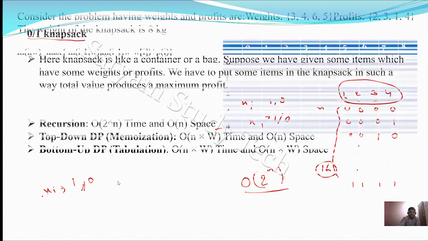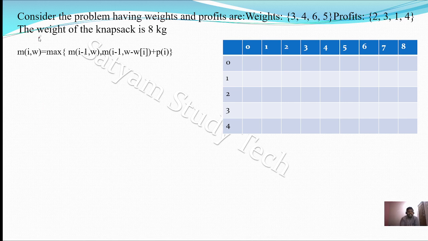Now let us discuss an example with weights and profits. There are 4 objects: object 1, object 2, object 3, and object 4, with weights and profits given. The knapsack bag capacity is 8.